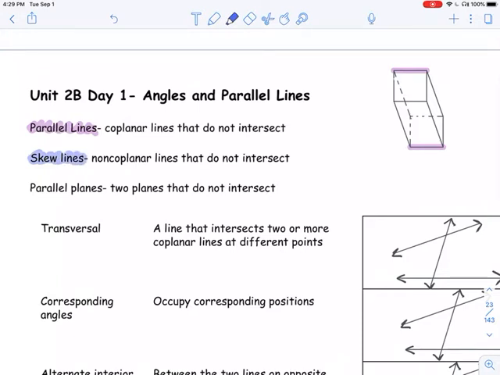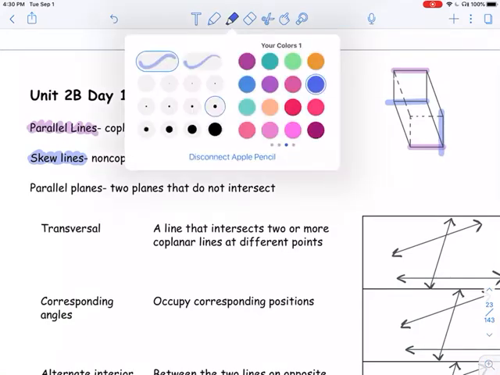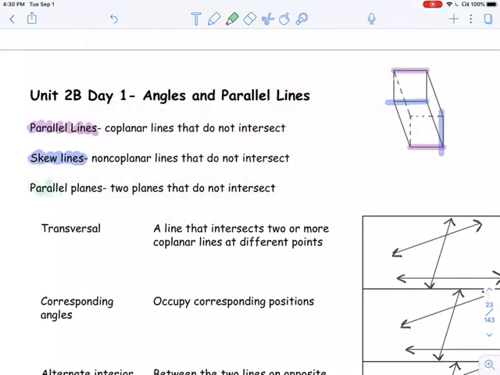So maybe I've got this one up top here, and this bottom line down here. Those would be skew. And then our parallel planes will be planes that are parallel that will never touch. So maybe the top and the bottom of this box.